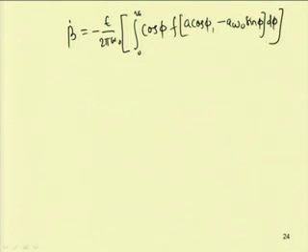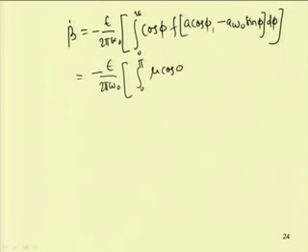Like in the previous case, it can be divided into two parts: 0 to pi it will be plus mu, so this is mu cos phi d phi, plus pi to 2 pi, where it is minus mu, so this is minus mu cos phi d phi.